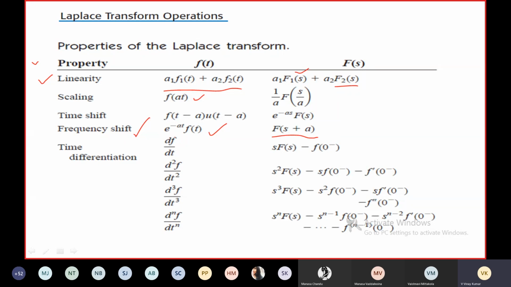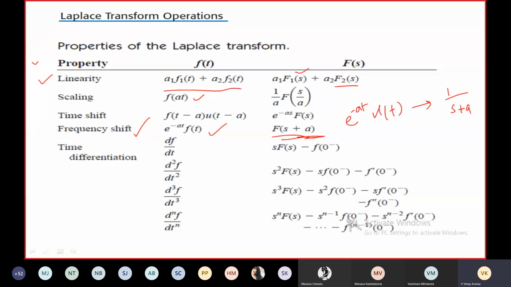Suppose f of t is u of t, then Laplace of e power minus at u of t is 1 by s plus a, so F of s plus a.